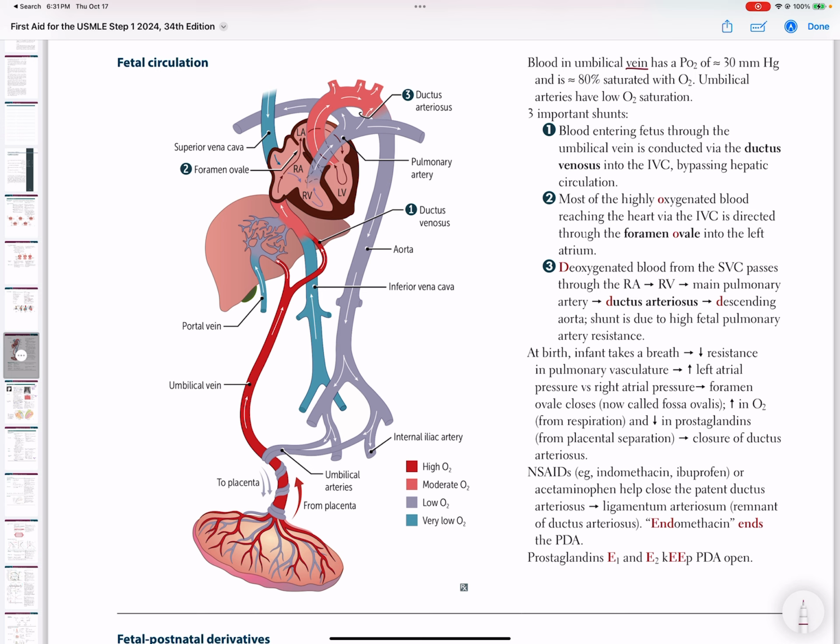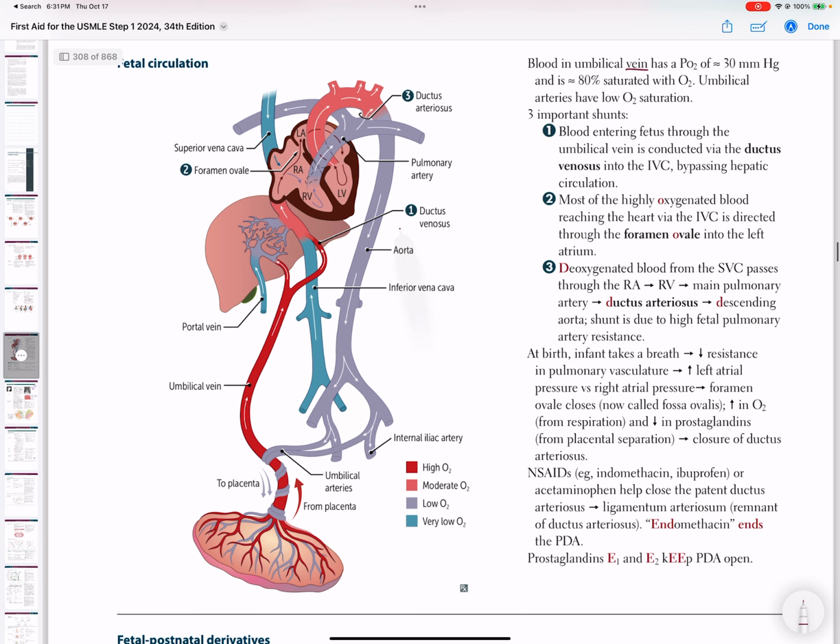So we have three shunts. Blood entering the fetus through the umbilical vein is conducted via the ductus venosus into the IVC, bypassing hepatic circulation. So this is the first shunt, the ductus venosus. Blood from the umbilical vein is getting into the IVC.